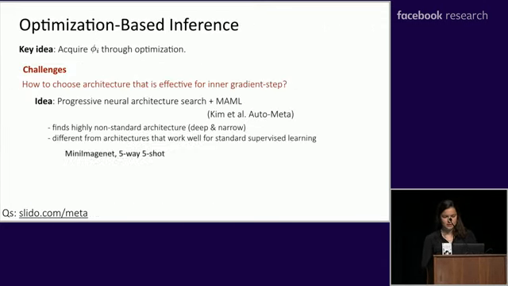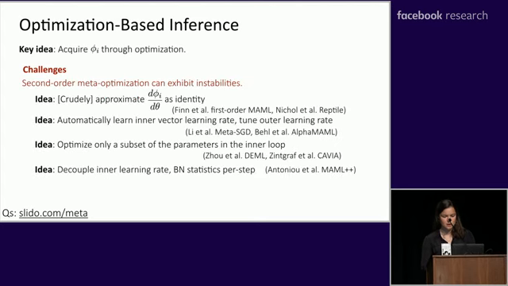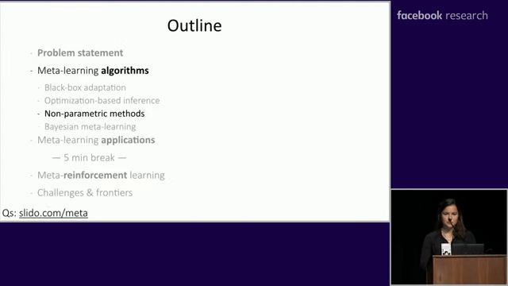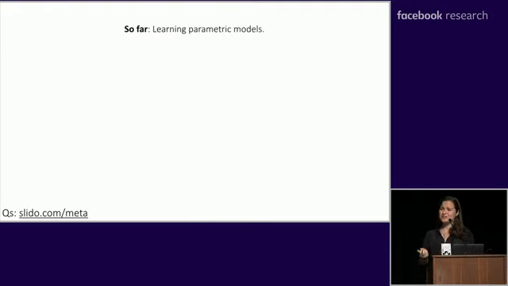Okay, great. So let's move on to non-parametric approaches. So far, we've talked about parametric methods, in that we're learning a model that's parameterized by phi. What about using methods that don't have parameters phi? The motivation here is that in low data regimes, non-parametric methods are quite simple and work quite well.